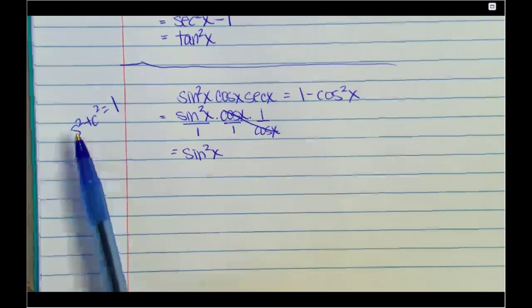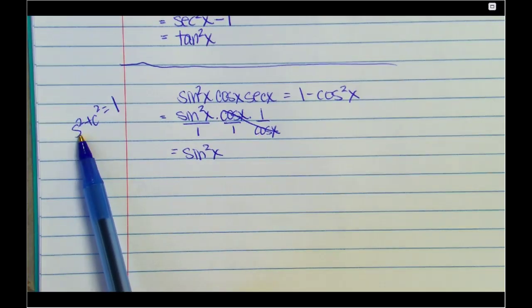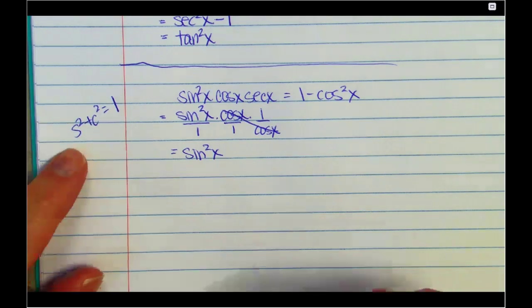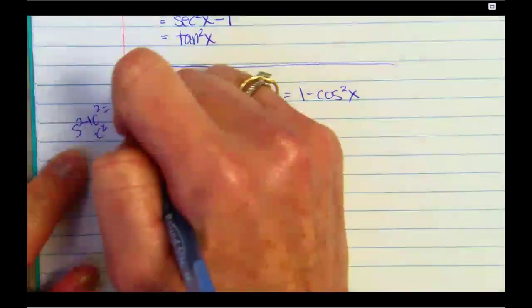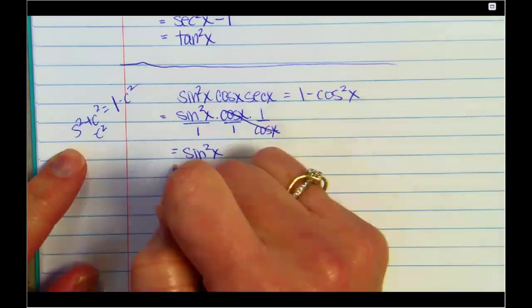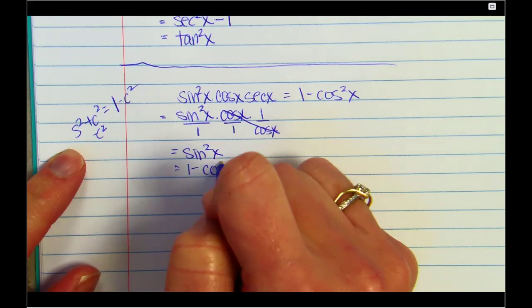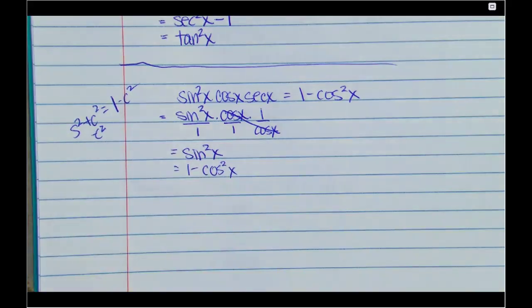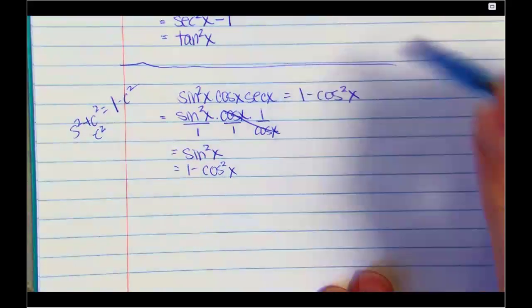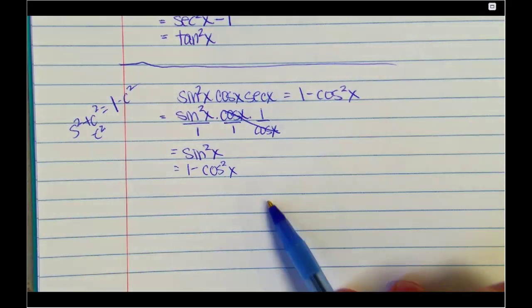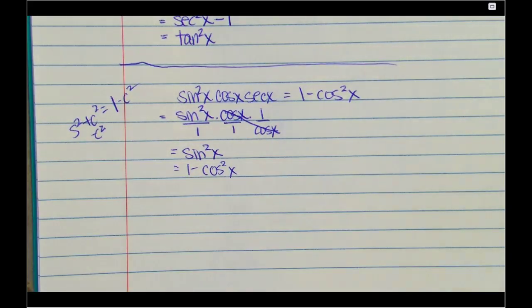If I want to get sine squared by itself, what does that equal? 1 minus cosine squared. And then you're done. While you cannot touch this, it does give you clues about where to look.